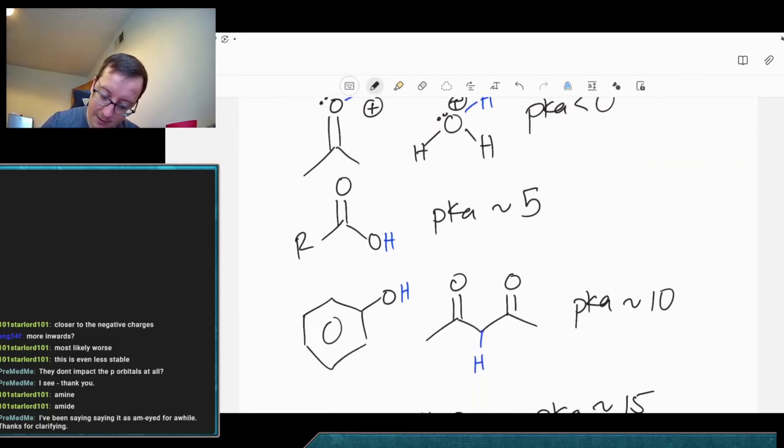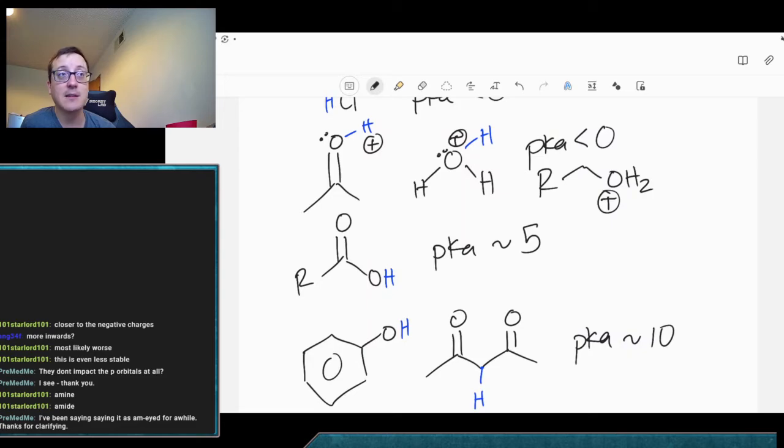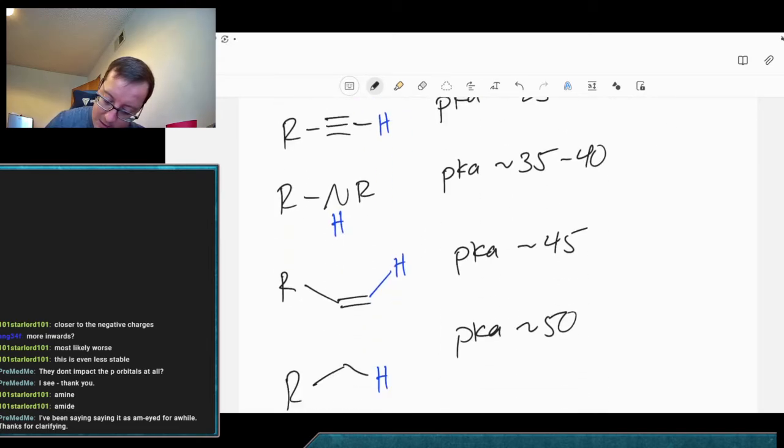It's going to be about the same for protonated alcohols as well. If we protonate an alcohol, we're looking at a pKa of less than 0. And so that's going to be our first category of things.